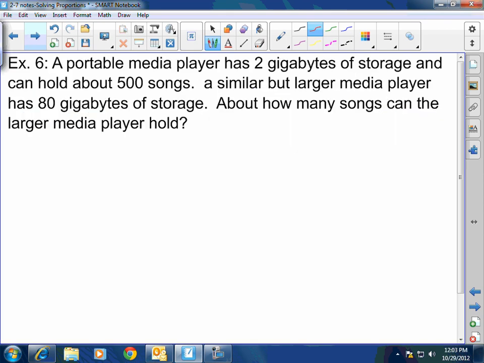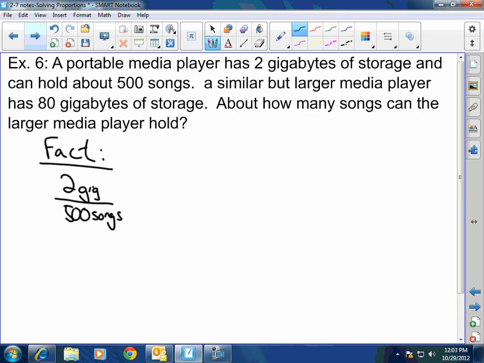A portable media player has 2 gigabytes of storage and can hold about 500 songs. A similar but larger media player has 80 gigabytes of storage. About how many songs can the larger media player hold? What is my fact ratio? 2 gigs can hold 500 songs.